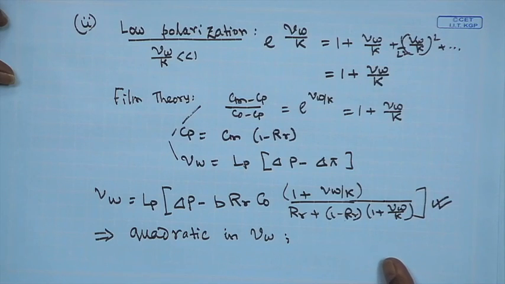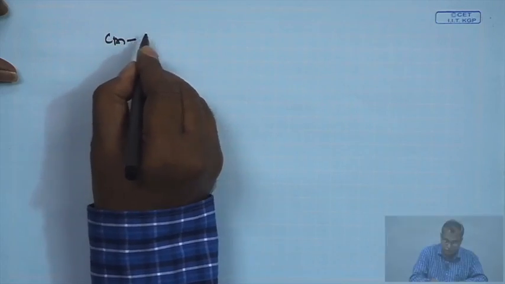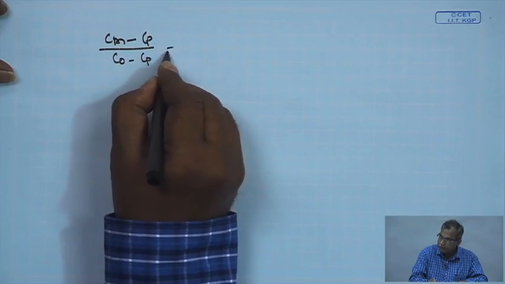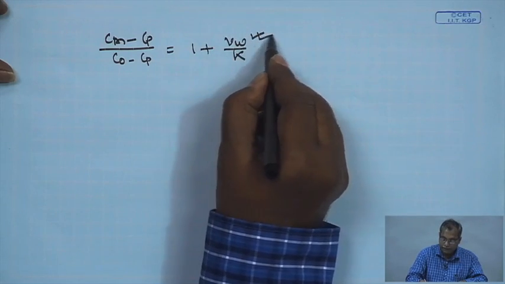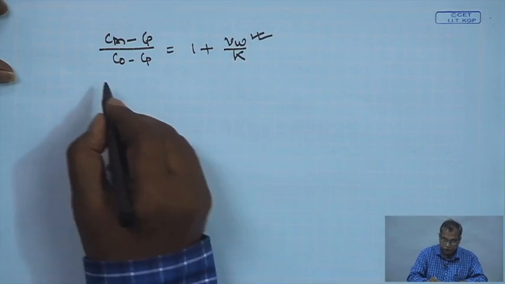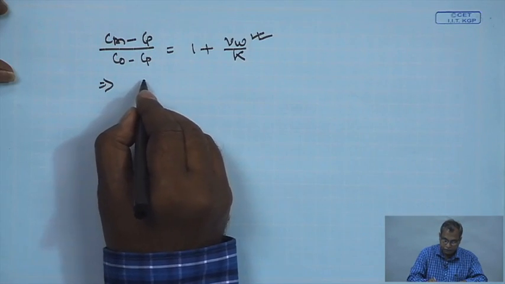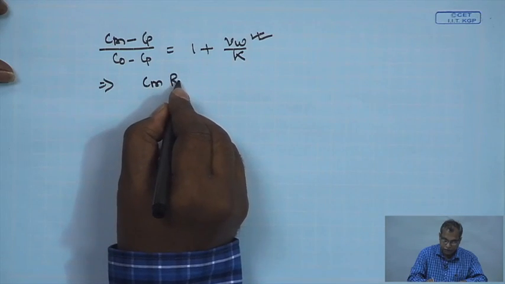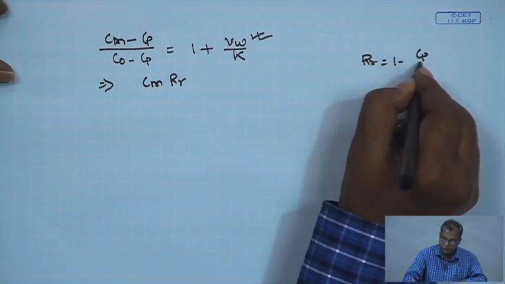Let us see now how Cm and Cp will be calculated. If you look into the expression of film theory, Cm minus Cp divided by C naught minus Cp is equal to 1 plus Vw by k. We have already got an explicit expression in quadratic form of Vw. So, this Cm minus Cp can be replaced in terms of Cm. This will be nothing but Cm times Rr, because from the definition of real retention, Rr is 1 minus Cp by Cm.